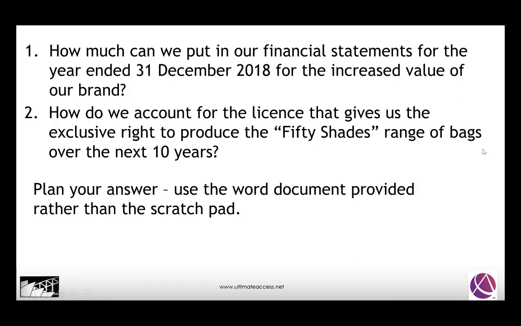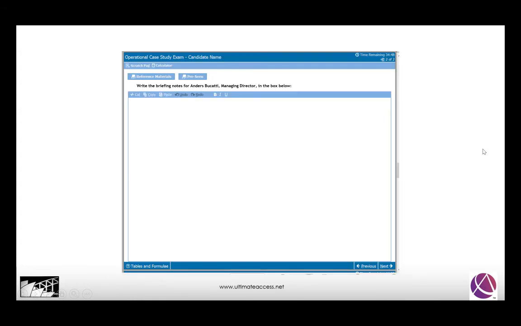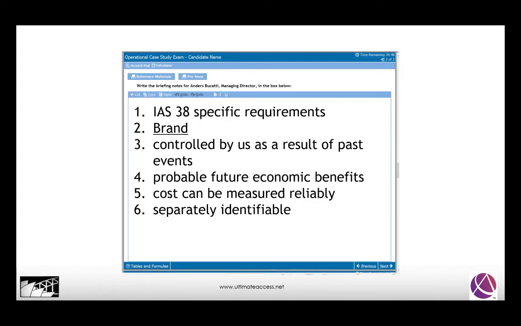So there's our question, and we're straight in with the task, and in we go. Straight in. This recognition that it's IAS 38, that we're dealing with a brand, and we're going to go through the requirements of a brand to see whether or not it can be included.